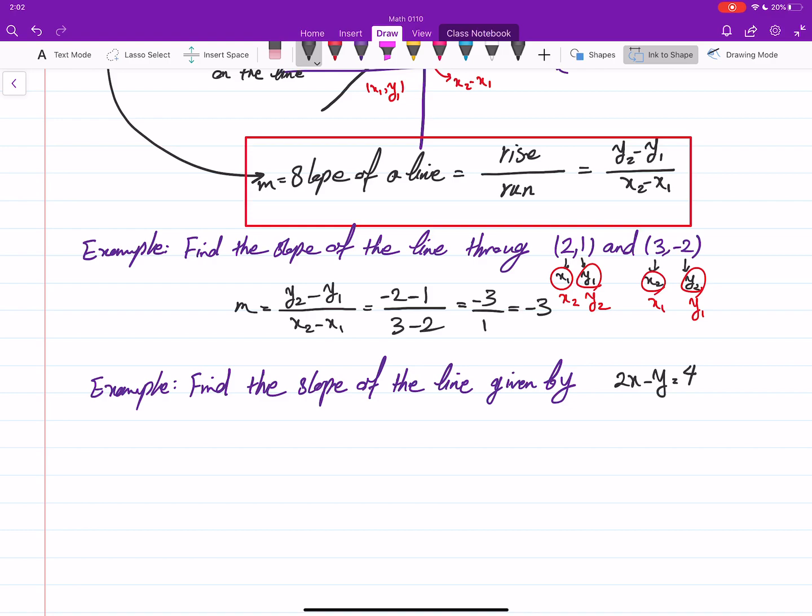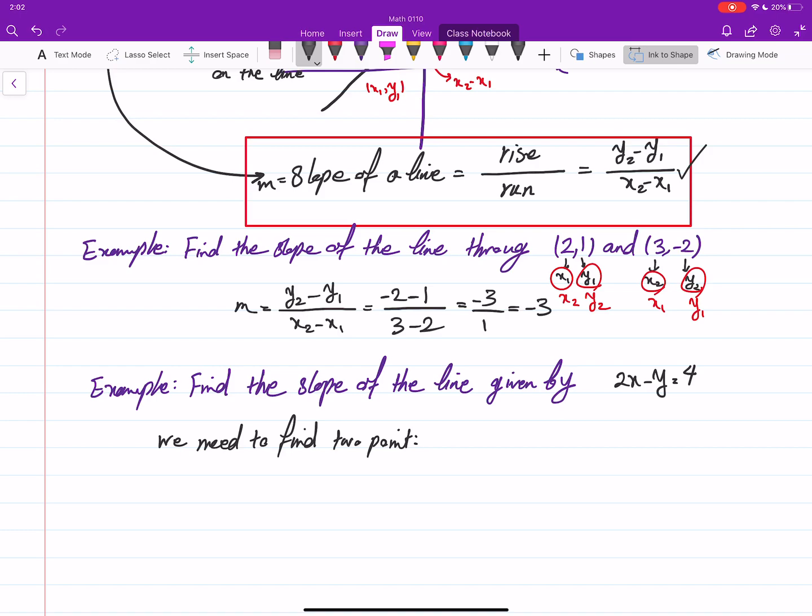If you just know one definition for the slope, then what you need to do is find 2 points and then apply the same story. Or I can find infinitely many points on this line.